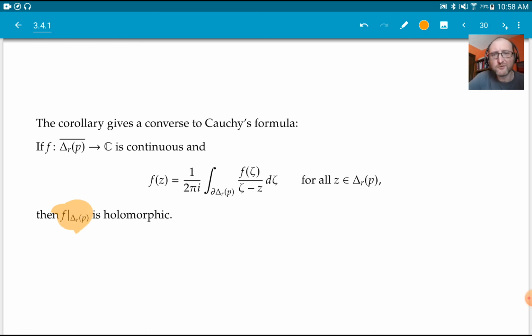The point is that the Cauchy transform is holomorphic, so if F is actually equal to it, then F is holomorphic. That's basically the idea. It's kind of obvious, but there you go. So Cauchy's formula can only work for holomorphic functions. It's basically an if and only if.